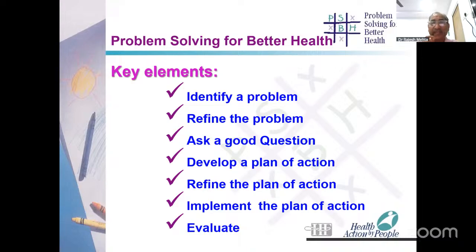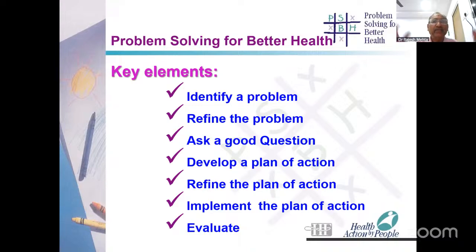There are 800 staff in our medical college, and out of that, 200 staff were screened for anemia, and more than 50% were suffering from anemia. Now, if you want to solve this problem, we need to find out why this problem exists, and we may not be able to solve the problem of 200 people, but we can take a small sample of 15 or 20 employees and try to solve that problem.